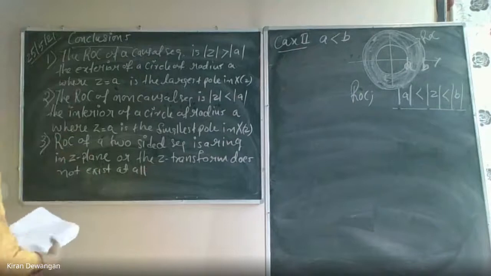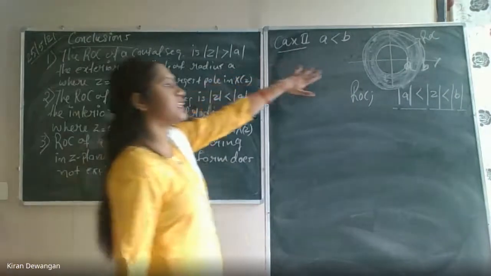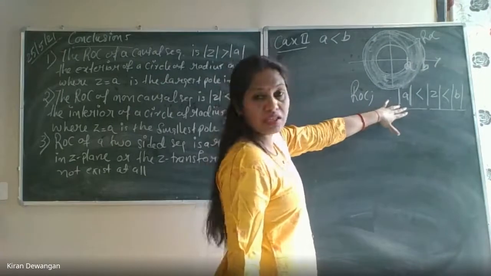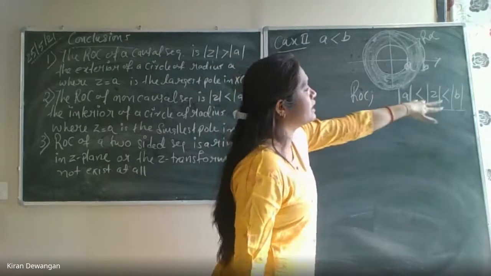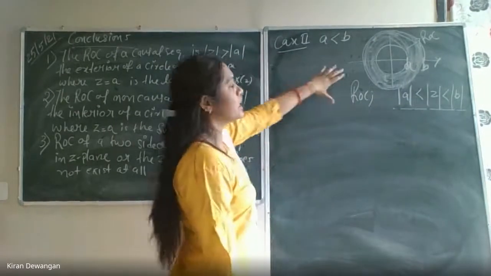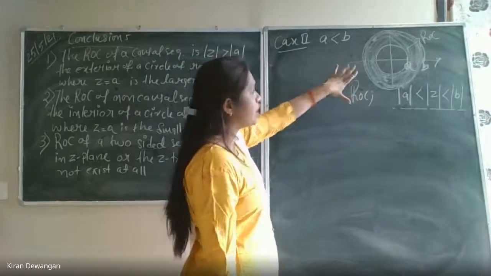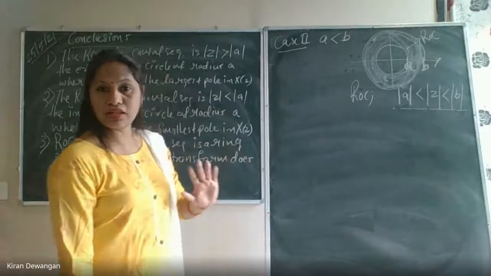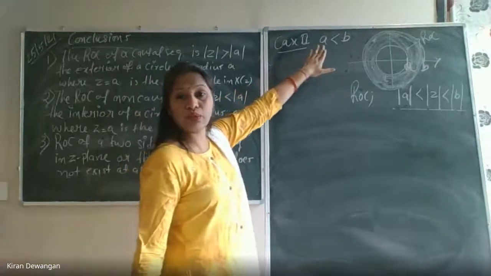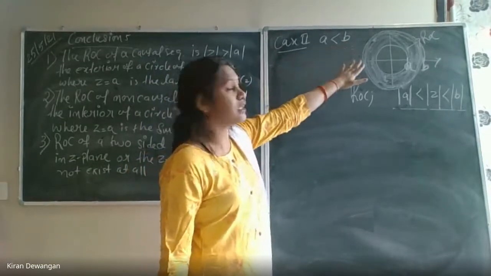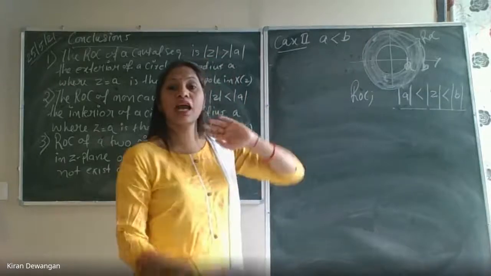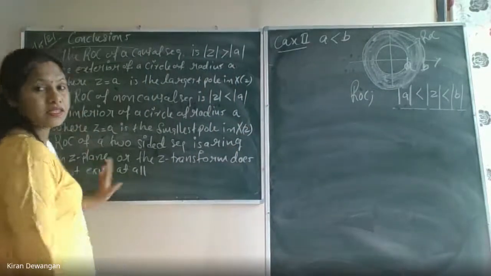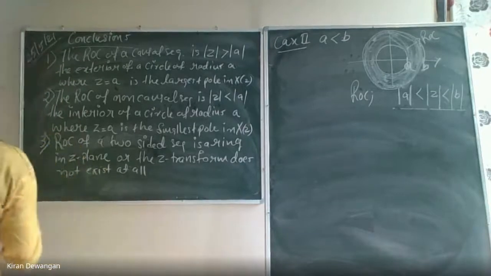In this case there is a ring where the ROC is mod of z greater than a and less than b. That is the kind of ring formed if it is a two-sided sequence, or else it will not exist at all. And as we have seen, when a is greater than b, the ROC does not exist at all in that case.